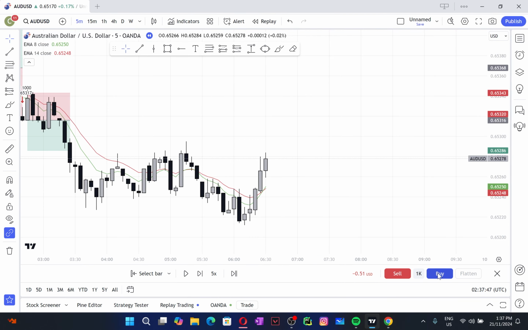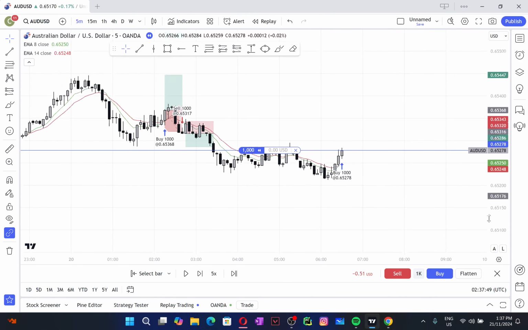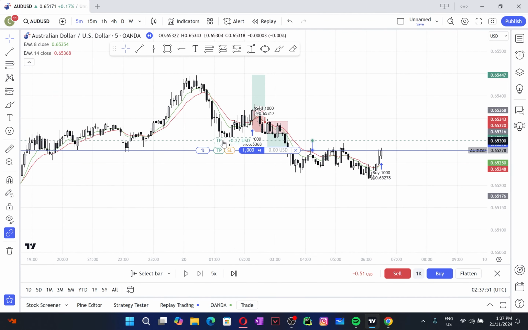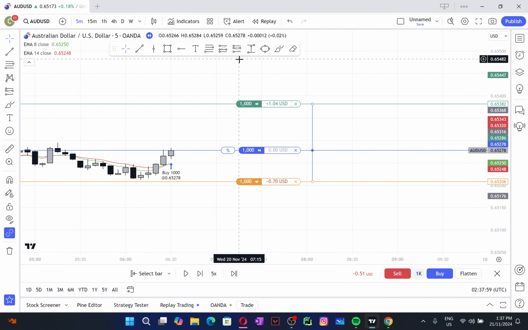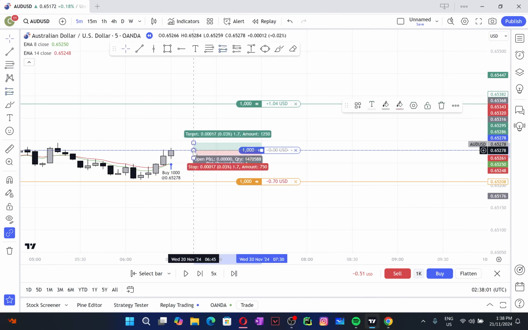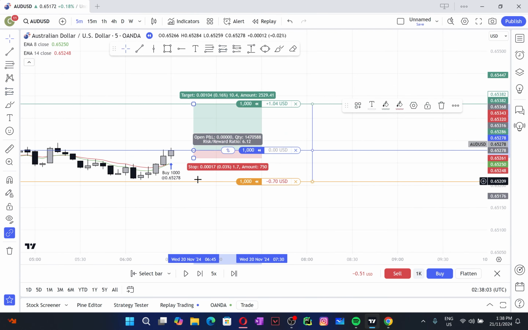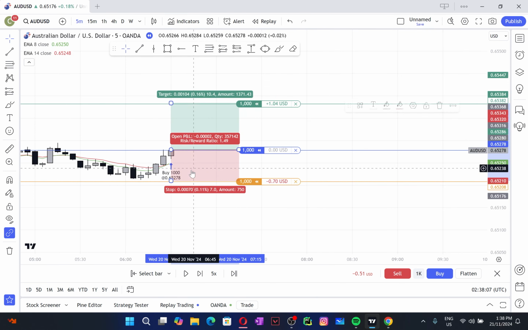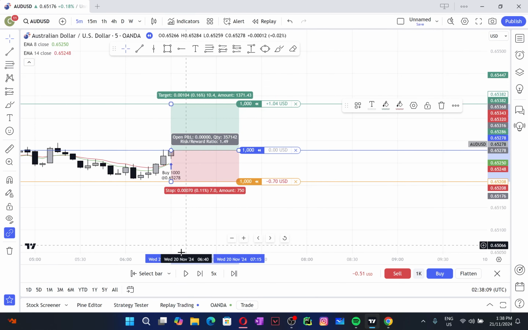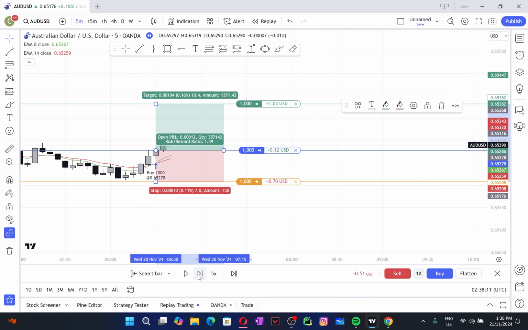Again, we're gonna have our buy position with our take profit around the previous high and our stop loss at this. If that doesn't work out, we can take a counter trade. So this is our first position. This over here and that over there. Starting from here. And let's see what's gonna happen.